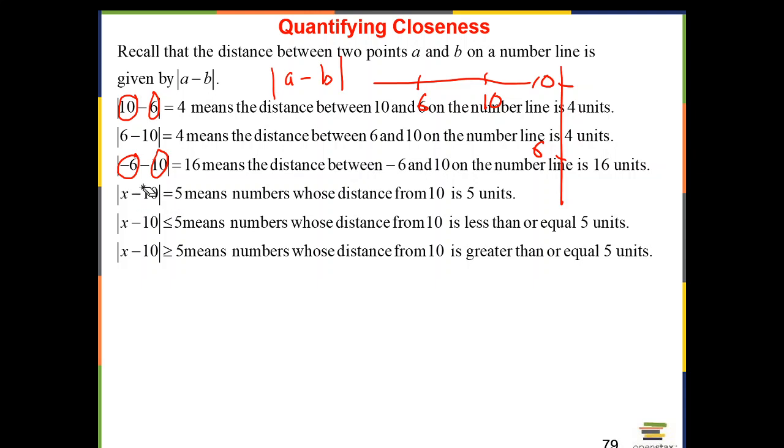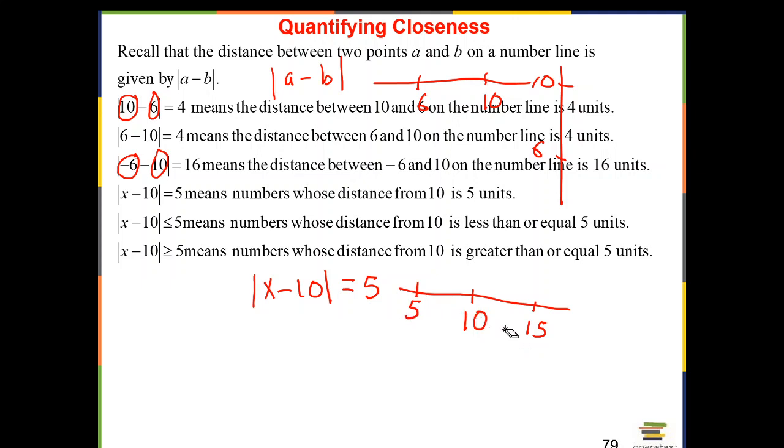So when we have something like that in algebra, you learn how to solve it. When we say absolute value of x minus 10 equals 5, by that we mean numbers whose distance from 10 is equal to 5. And where are those numbers whose distance from 10 equals 5? Well, those numbers are either 15 or 5, right?